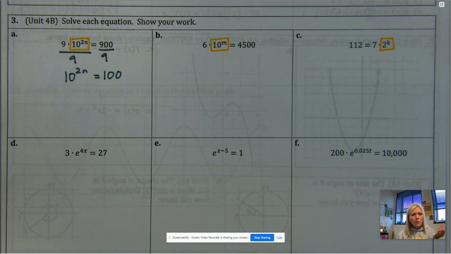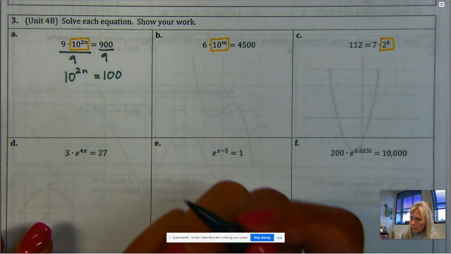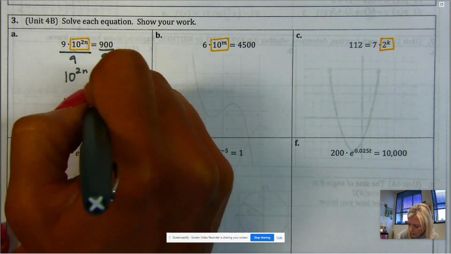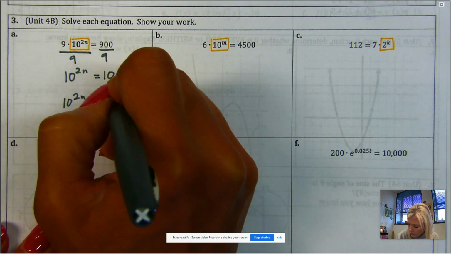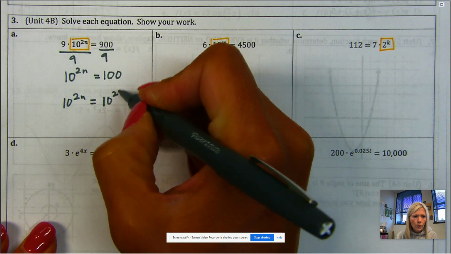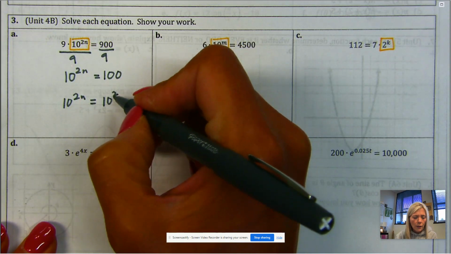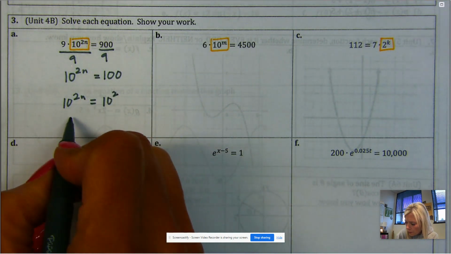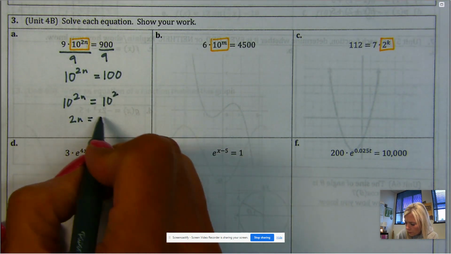And then this happens to be like a math fact. I know that 10 to the second is 100. So I'm going to say 10 to the 2n equals 10 to the second. I just rewrote the 100 as 10 to the second. So now that the bases are the same, the exponents must be equal.